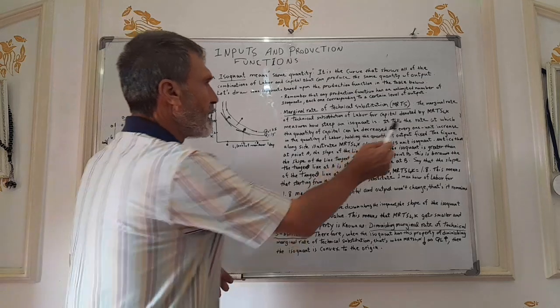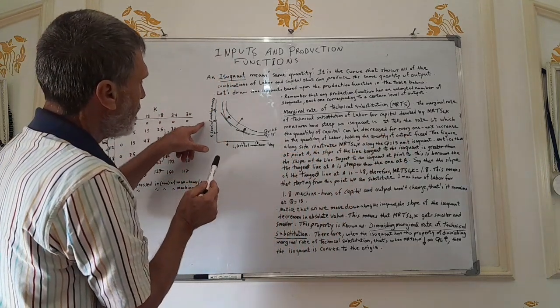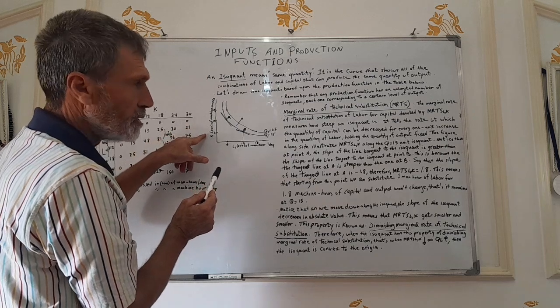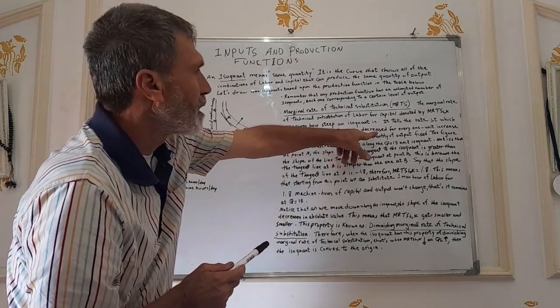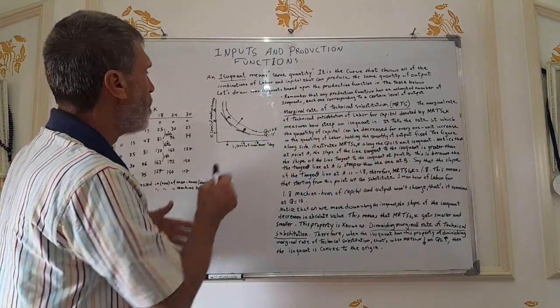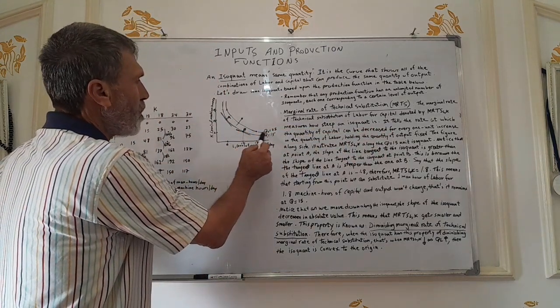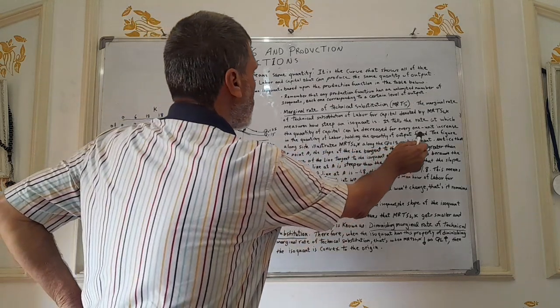Remember, it tells the rate at which the quantity of capital, along the vertical axis, can be reduced for every 1 unit increase in the quantity of labor, holding the quantity of output fixed, okay? Holding the quantity of output fixed.